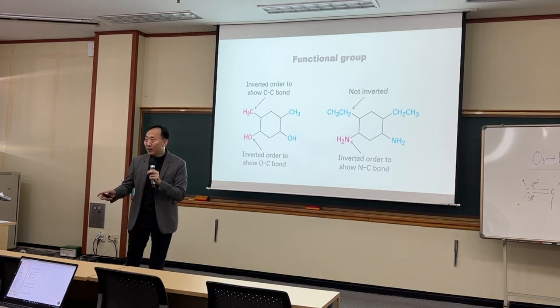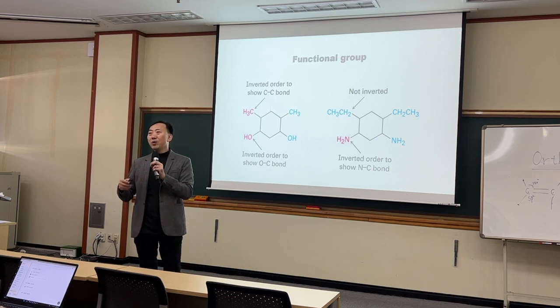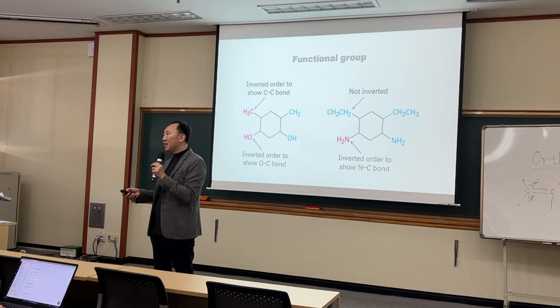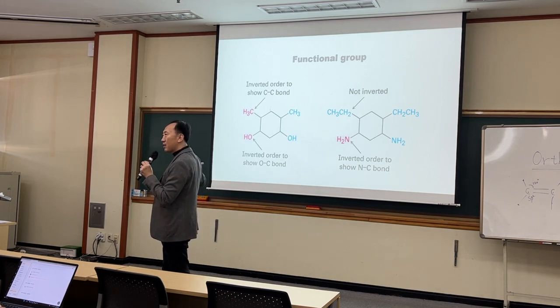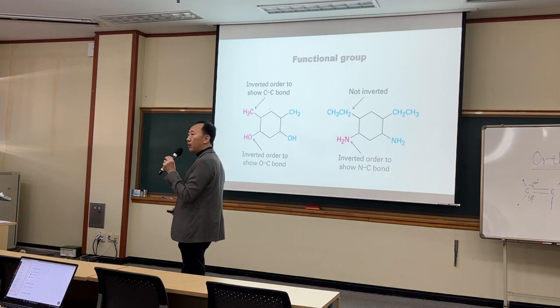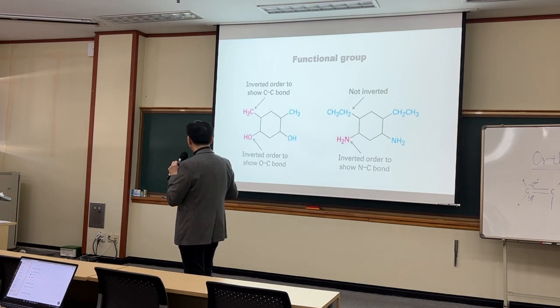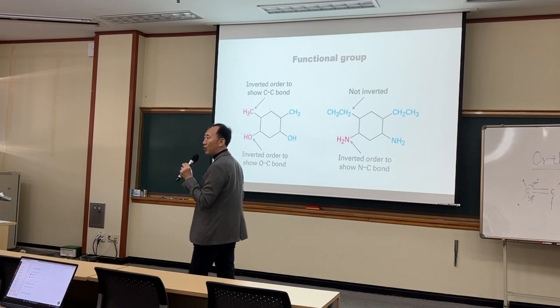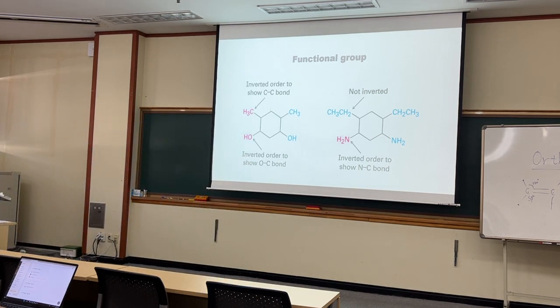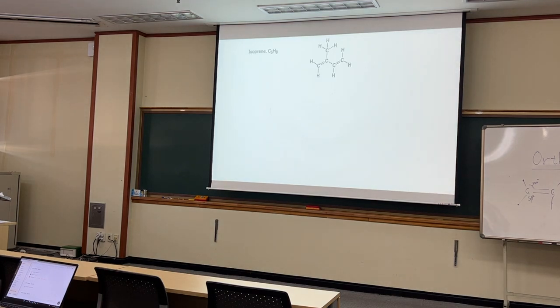A little confusing, but actually there is no fixed rule. This is just a preference, just to make it easy to recognize the structure. Even if you change this CH3 here, we don't say it's wrong, but this is the common way we usually use. Okay? Then try to follow the common way. I think that's the easier way.